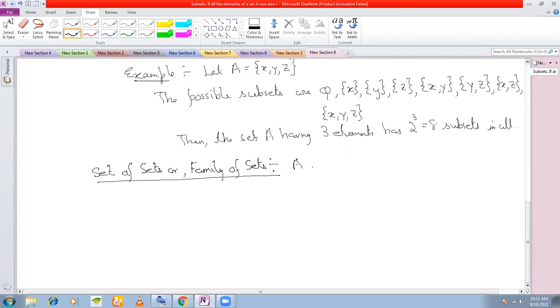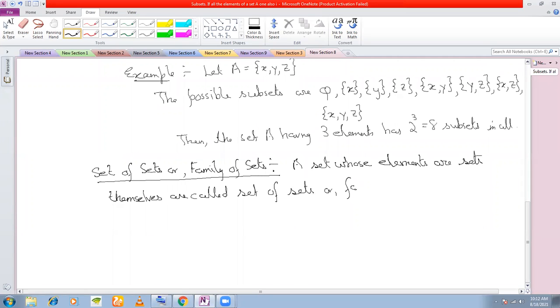A set whose elements are sets themselves is called a set of sets or family of sets.